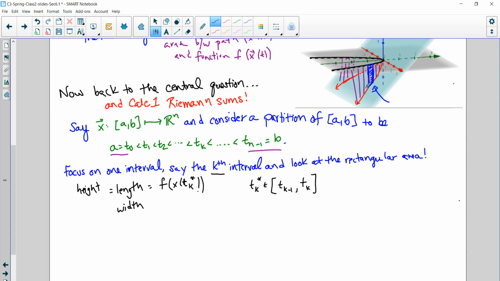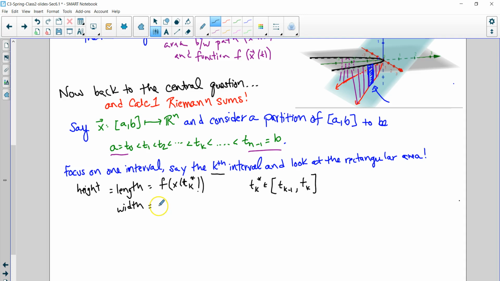And now for the width. Well, the width, if we look here, is actually going to be kind of the distance. I might use a different word.